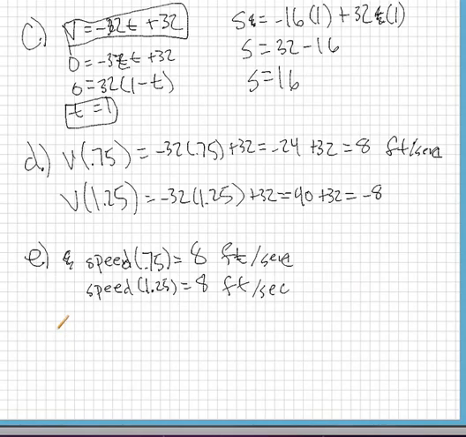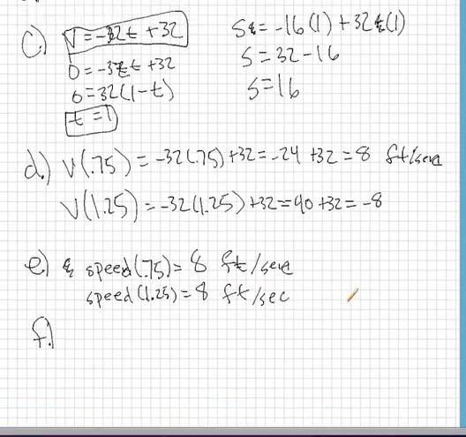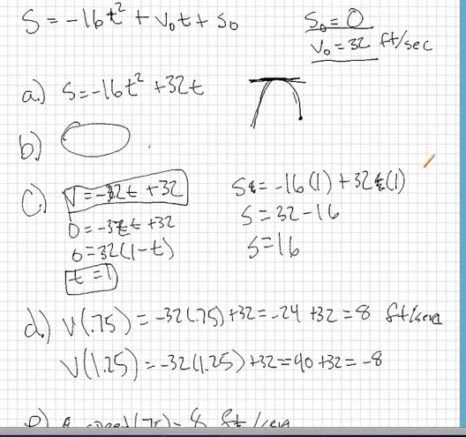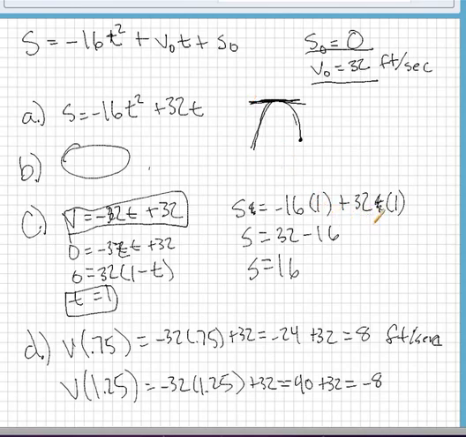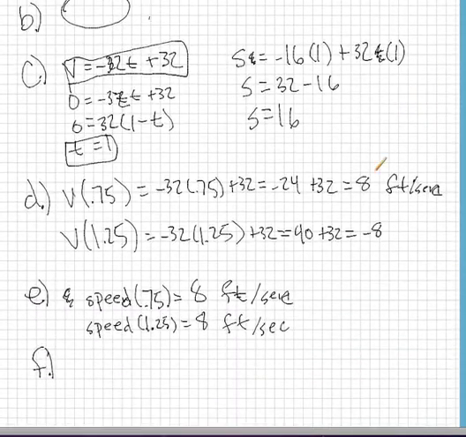Finally, F is going to be when it equals 0 again. So what we need to do is find the zeros of this. When it hits the ground again, the position is going to equal 0 again. So we're going to solve for s at the position where it's 0 again.